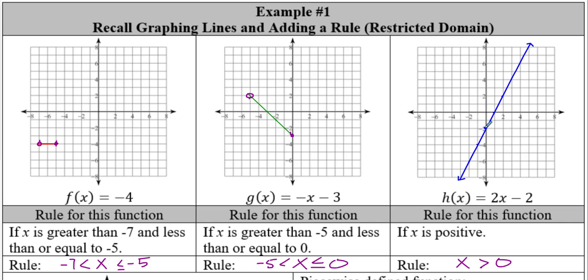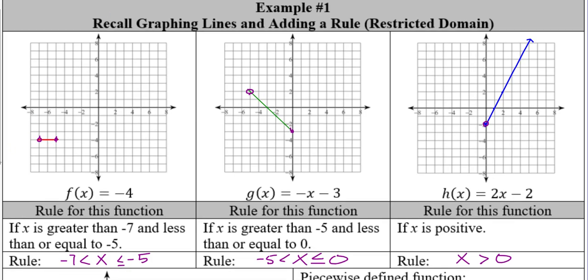So I am looking at an open circle at 0. And then I want everything bigger than this, so everything to the right is going to be included, and everything to the left is going to be erased. So now I got my 3 pieces. So this is what adding that rule or restricted domain does to my graph.